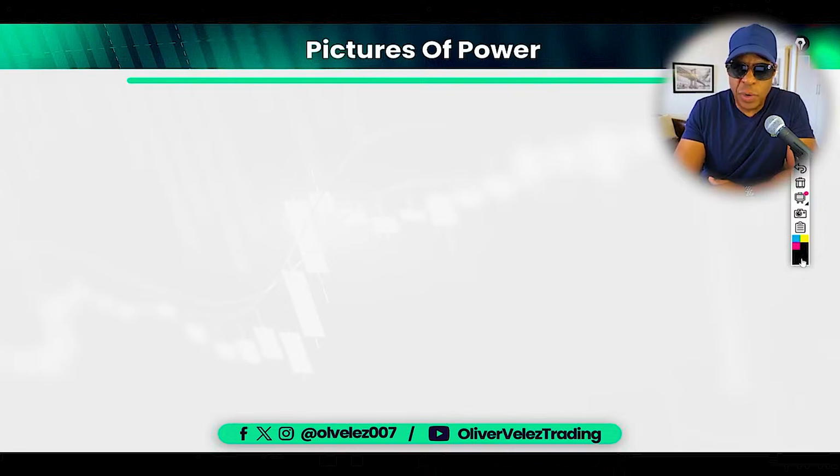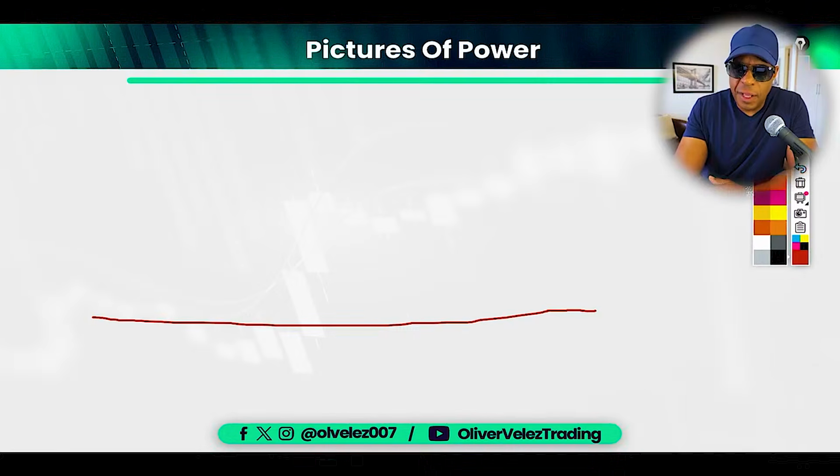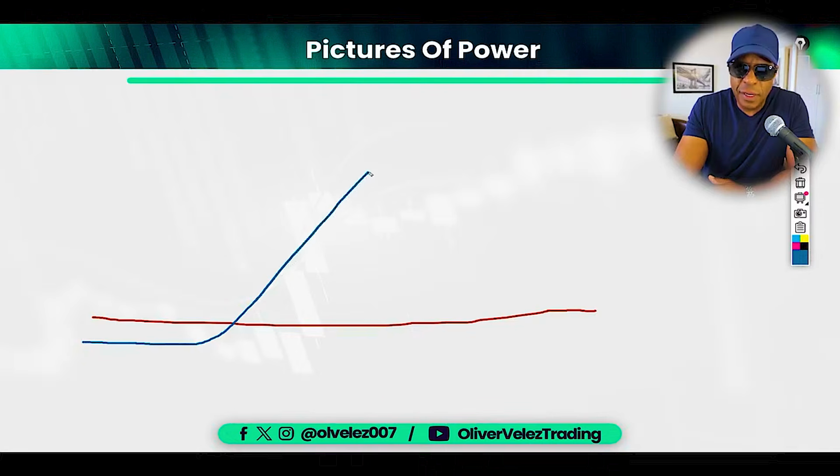So we have the 200-period moving average here. We have, sorry about that, the 20-period moving average here. Or let's just say we have the 20-period moving average under it first. And then the 20-period moving average starts to leave the 200-period moving average.